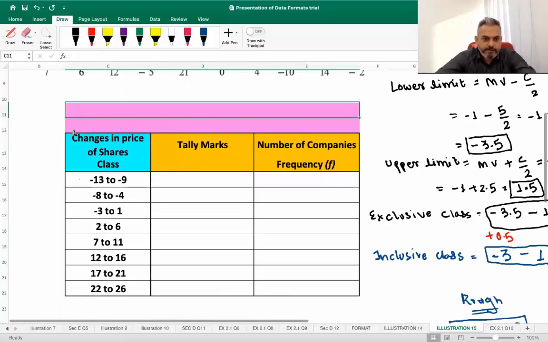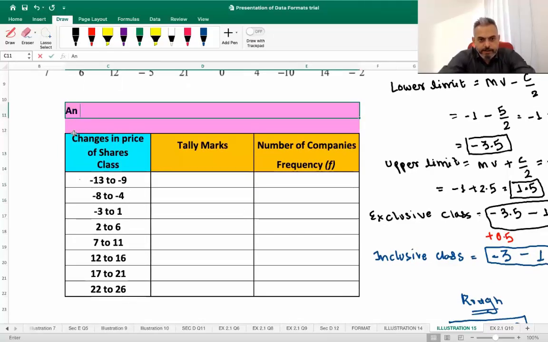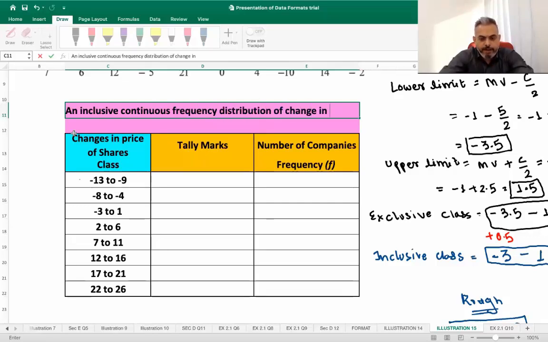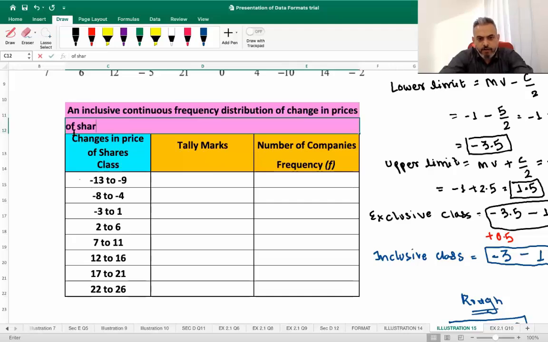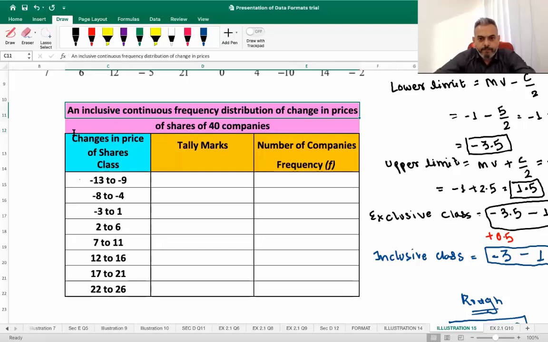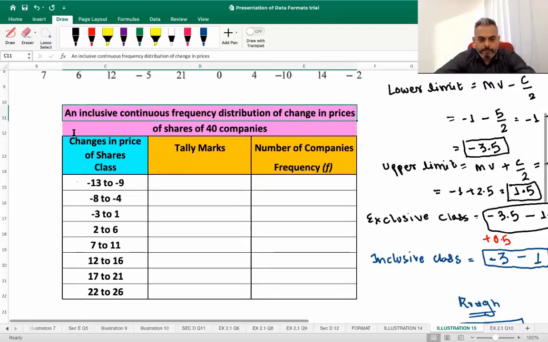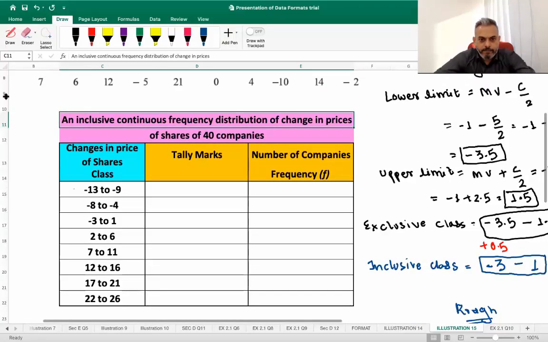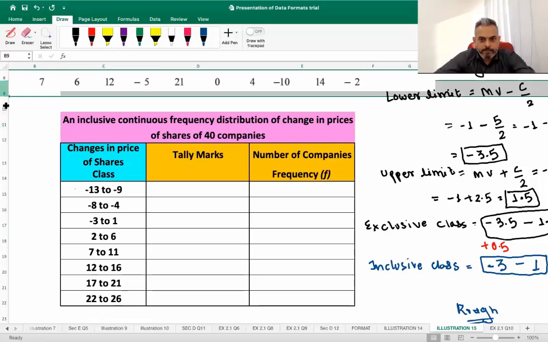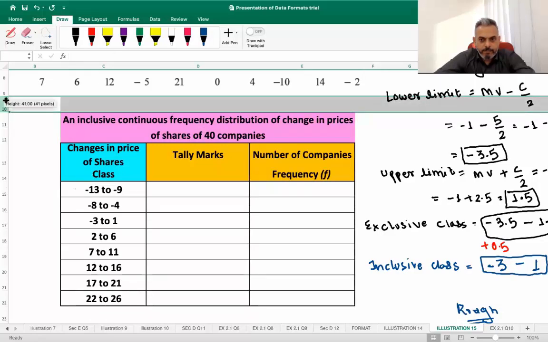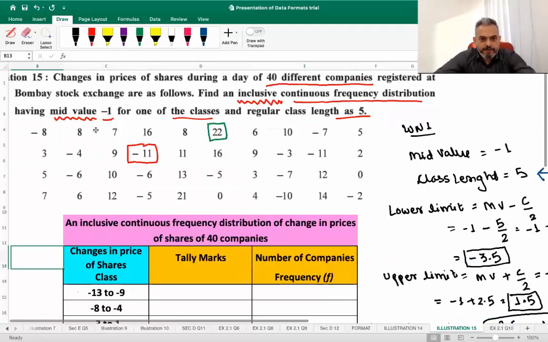Before we do that, write the heading: an inclusive continuous frequency distribution of change in prices of shares of 40 companies. Now let's start with tally marks.